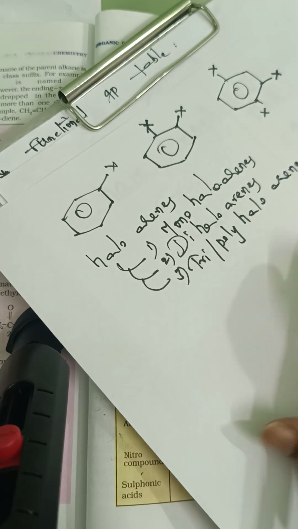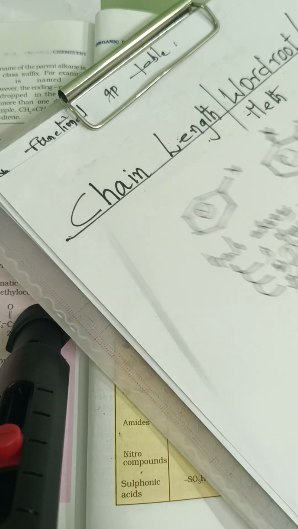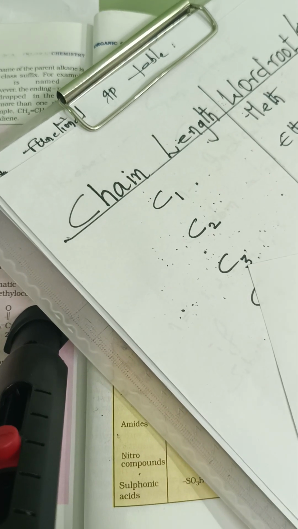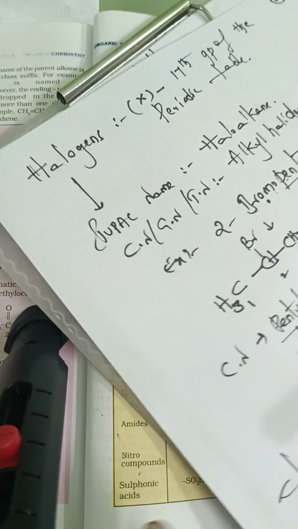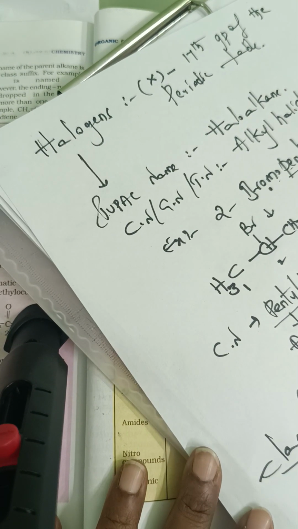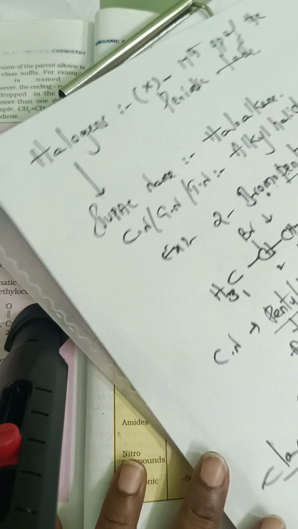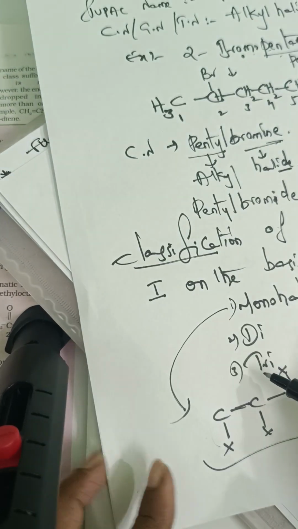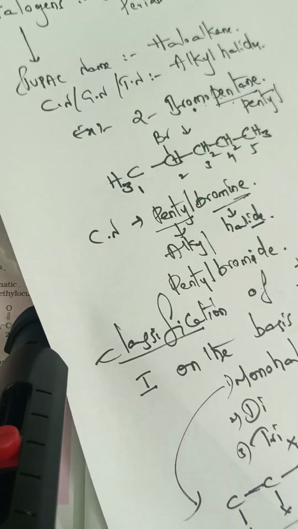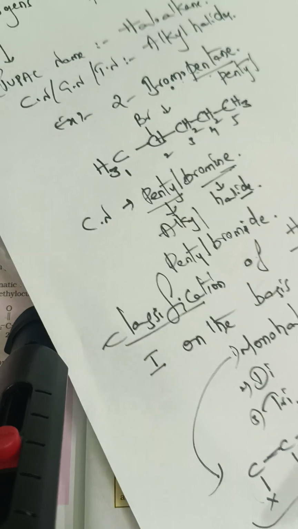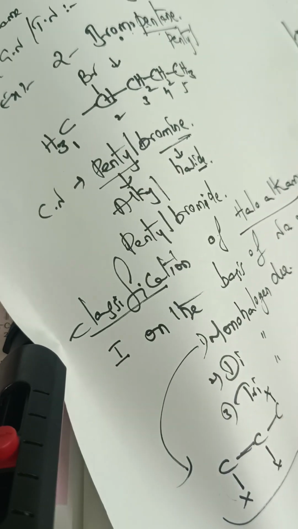So here the classification, once again I will explain you the classification of halogen compounds. Here classification of haloalkanes on the basis of number of halogen atoms.